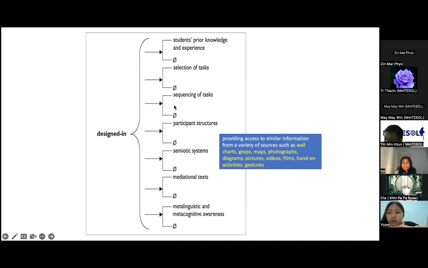Another thing that we can consider in designing scaffolding is sequencing of tasks. Planning the sequence of tasks is more important than focusing on any one individual task. So for example, let's say I'm going to use 3 types of tasks in my lesson today.